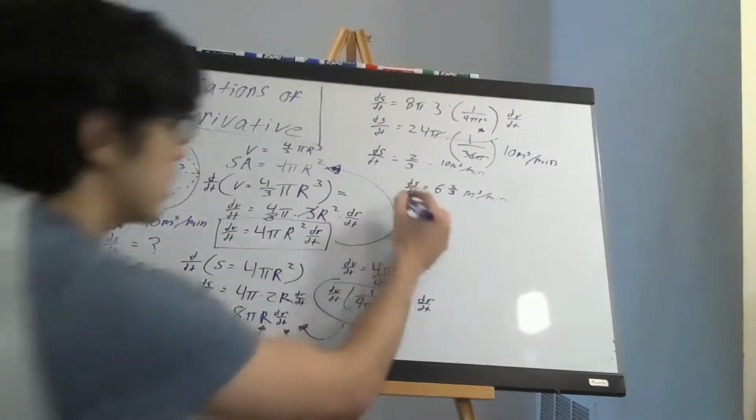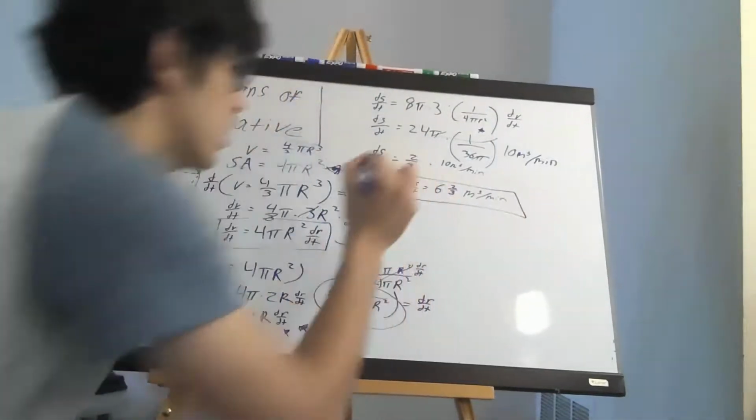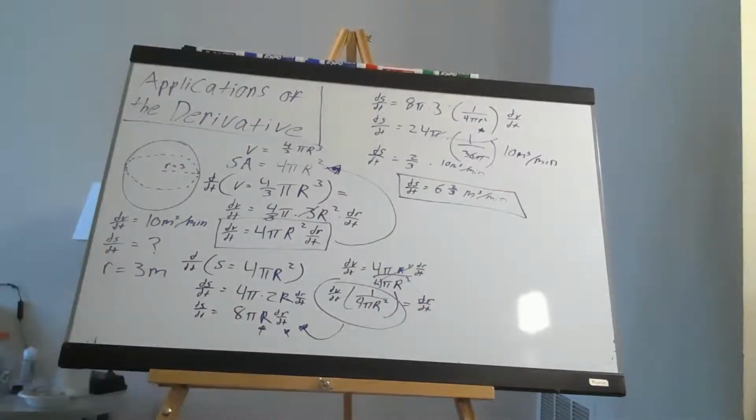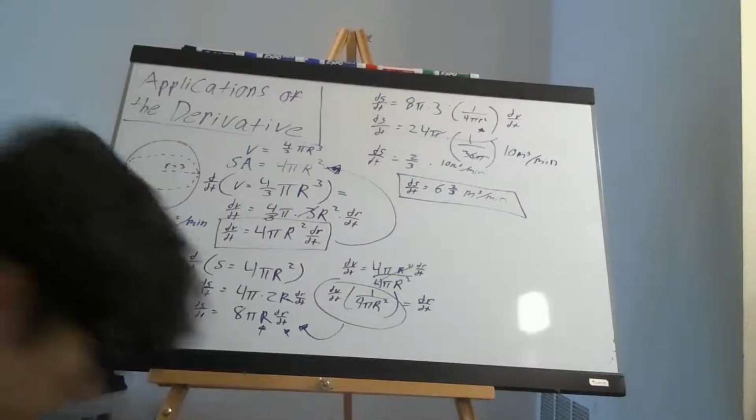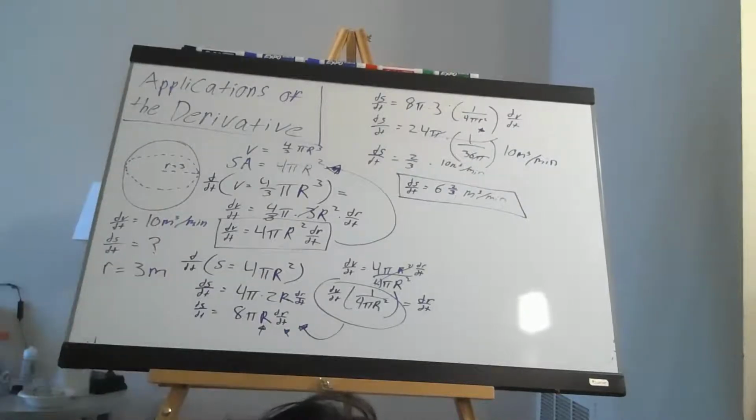So this is the rate of change for the surface area when the rate of change for the volume is equal to 10 meters cubed per minute. If you want that as a decimal, it's 6.6666 something. And so now we know that this is equal to 6 2/3 meters cubed per minute.